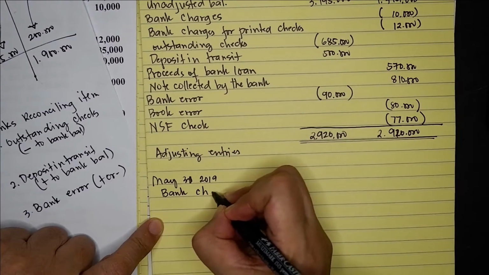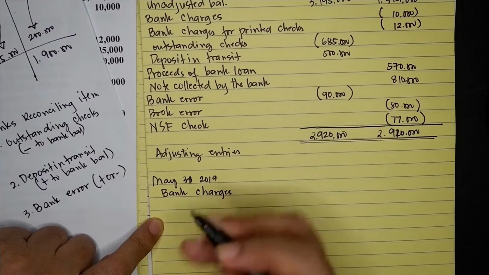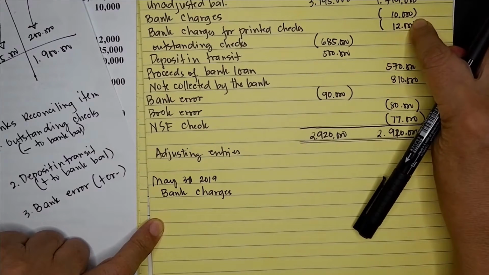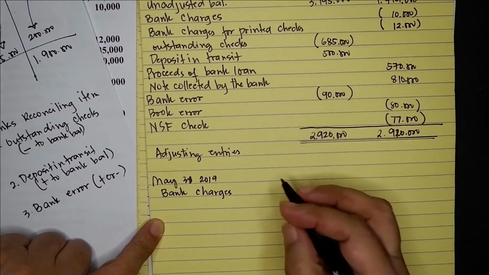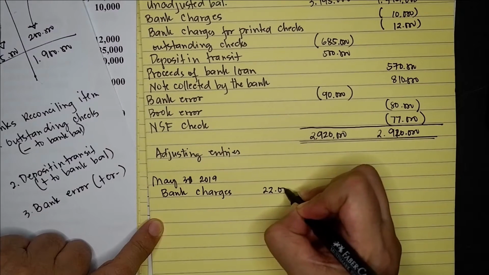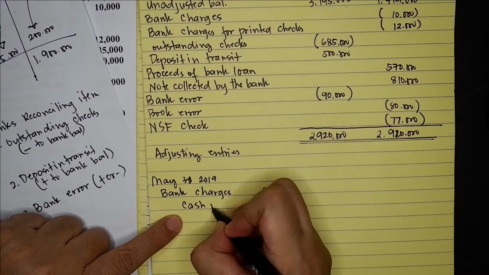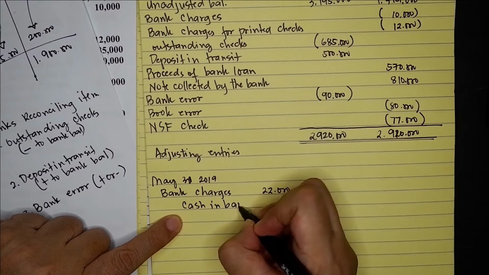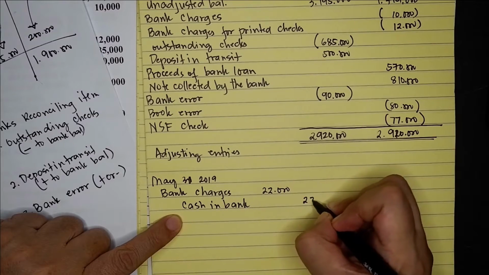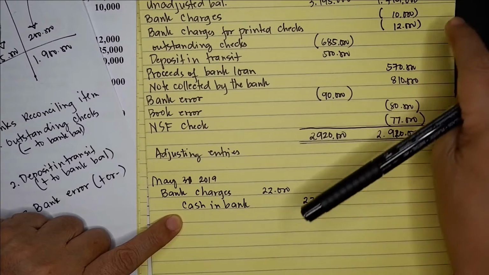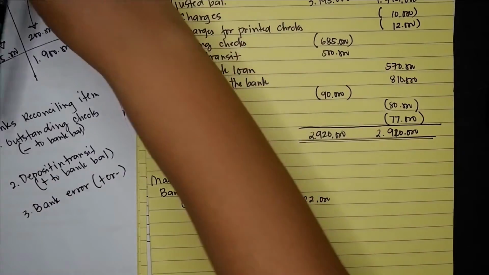So we have bank charges of 22,000 and credit cash in bank of 22,000.